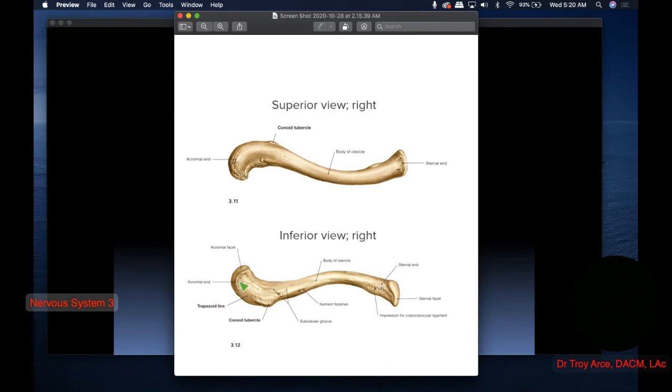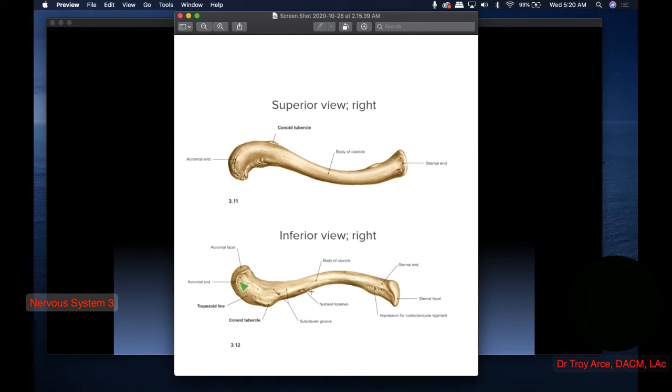You're going to have a concave side and then a convex side. So it'd just be the opposite of this. So depending on how you look at it, it's going to be the opposite of the top view. Okay, and to make sure that you know you're looking from the inferior side, this is going to be more rough.